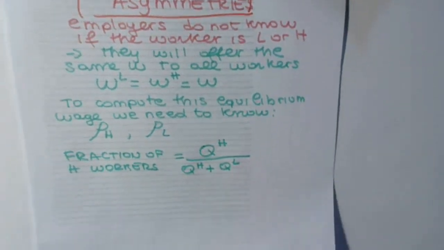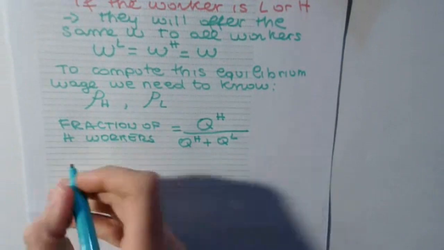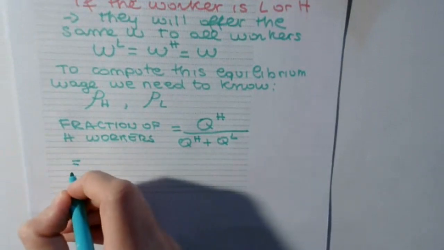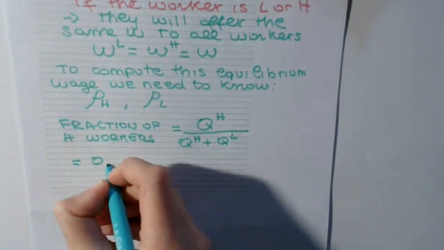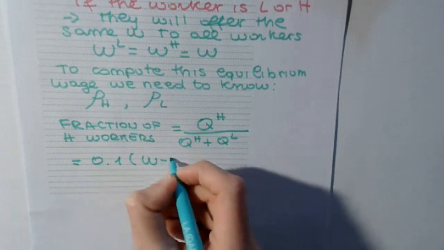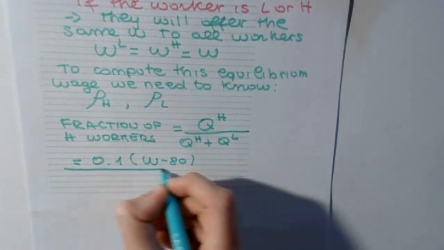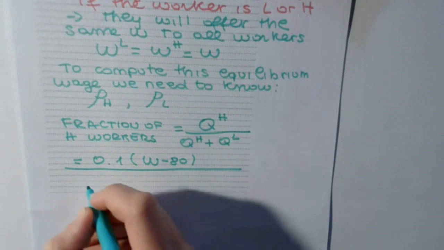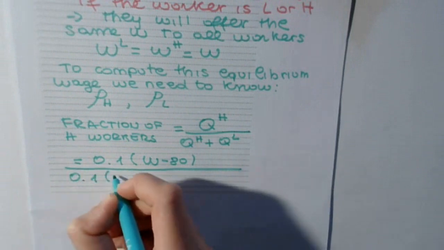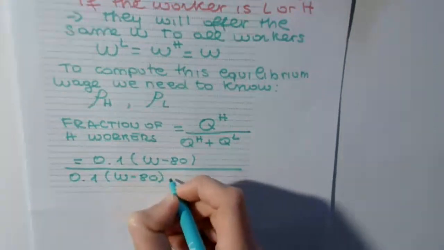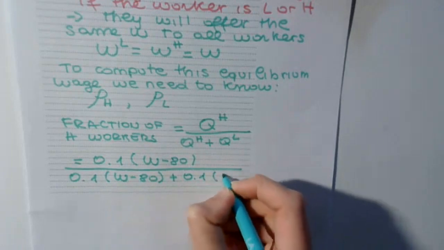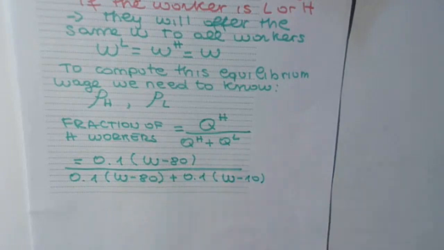Okay, it's a standard computation of probability. Now here we substitute the supply functions. So QH becomes 0.1 times (W minus 80) over the sum of the two functions. So 0.1 times (W minus 80) plus 0.1 times (W minus 10).